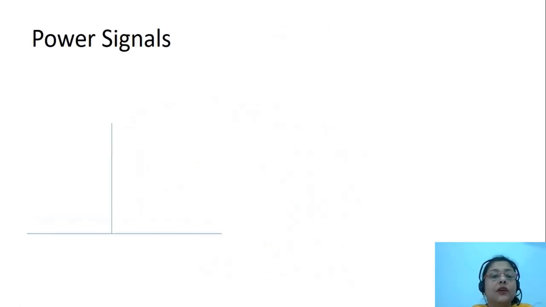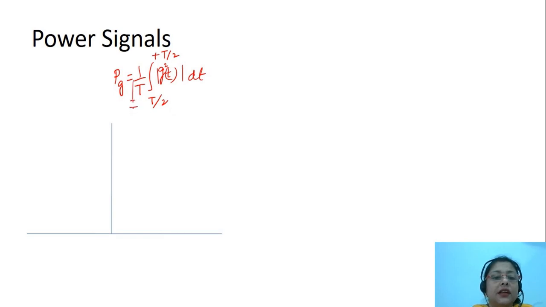Let us understand what a power signal is all about. If we have a signal g(t), the power of the signal P is given as the limit as T tends to infinity of 1 by T times the integral from minus T by 2 to plus T by 2 of g square t dt.